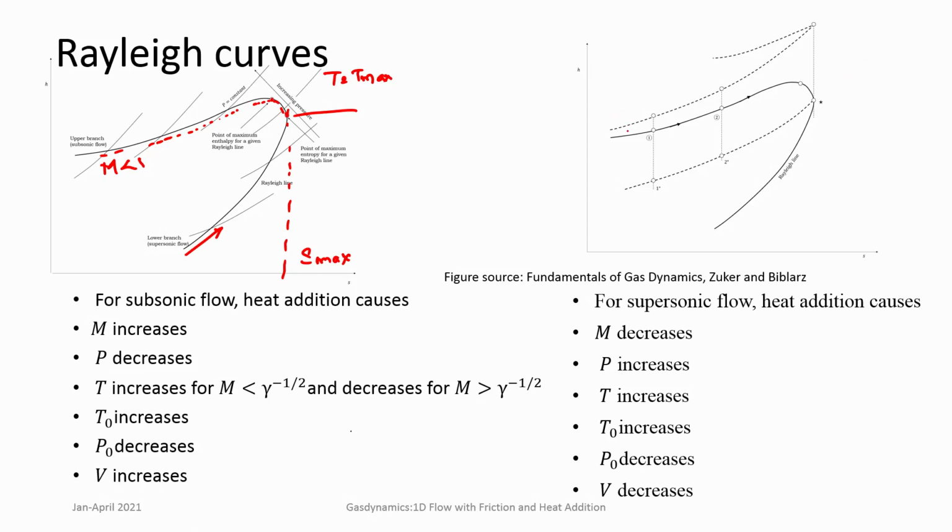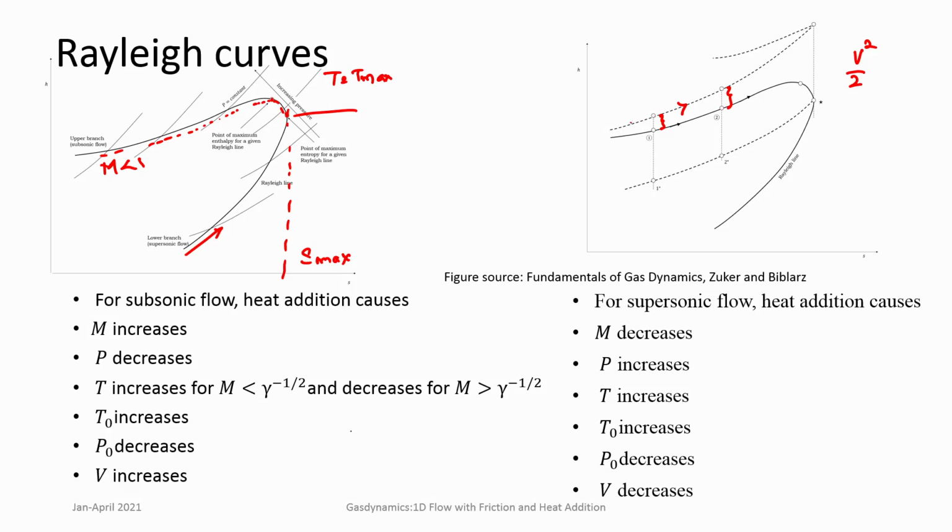So, here if you add heat, the stagnation enthalpy always increases, or T naught increases. So, going from 1 to 2, increasing in this direction, there is an addition of heat. So, T naught increases. The lower branch of this curve corresponds to subsonic flow, because this height here should correspond to V square by 2, right, by the equation.